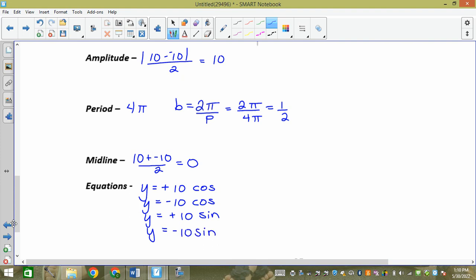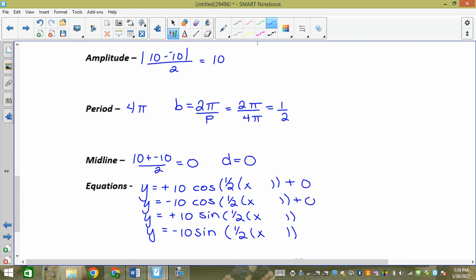Our b value was a half, so we went x times a half, in brackets. And then we put our plus d at the back, which is our midline. So d was 0. So do I have to add plus 0? No. But then we put in our c values for cos, because cos was easier.